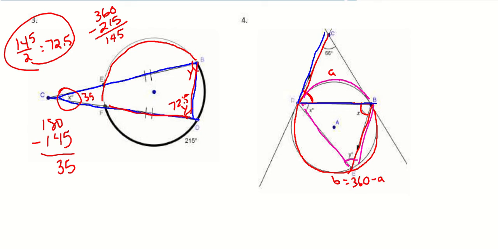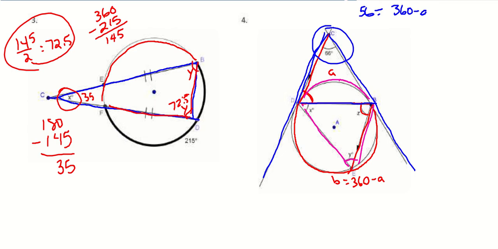And so now we can figure this out because we have this outside angle, and remember, outside is different. So 56 is equal to the measure of the bigger arc, which is 360 minus A, minus the smaller arc, and then divided by 2.